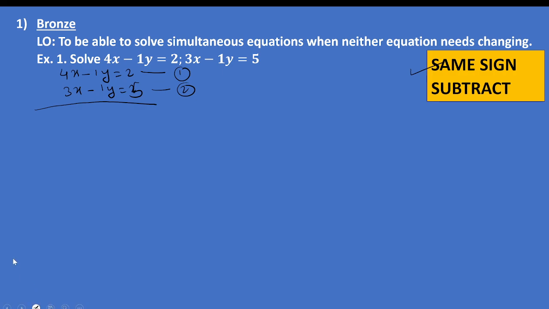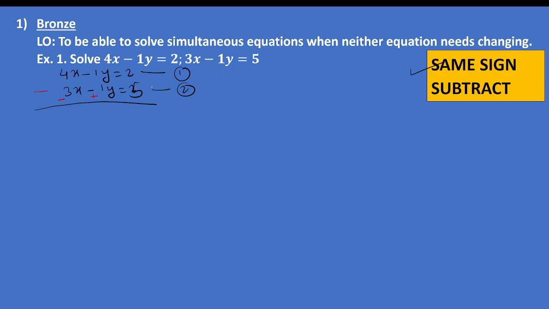So here also, to cancel out the y term, I'm going to use minus, and whenever we put a minus sign in front of any equation, all terms of that equation change their sign. So in the first term of the second equation it was 3x, already plus, so I'm going to change it to minus. The second is the y term, it was minus, so it is going to change to plus.